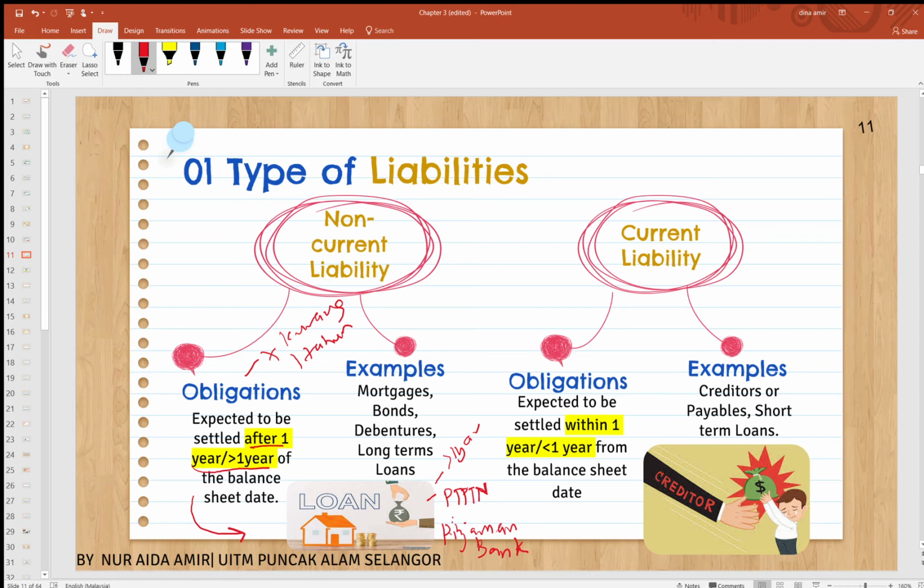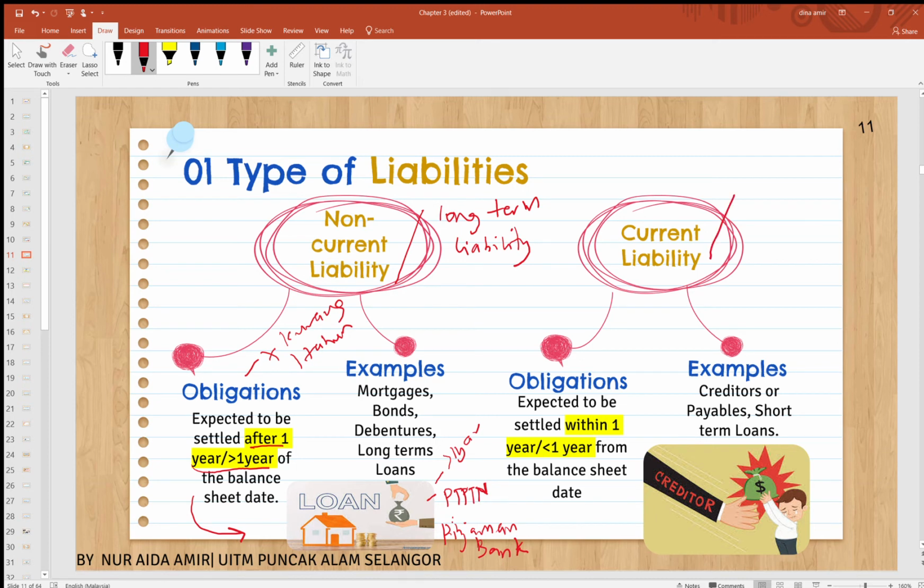You fokus belajar saja untuk dapat result bagus, untuk dapat kerja bagus. Dan bila you dapat kerja bagus, you dapat income bagus, you boleh bayar PTPTN tu balik. That is the long term liabilities. What you call that non-current liabilities, we also can call it as a long term liability.